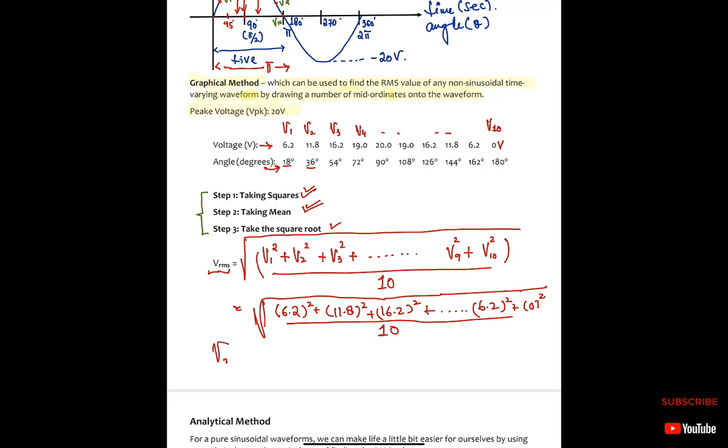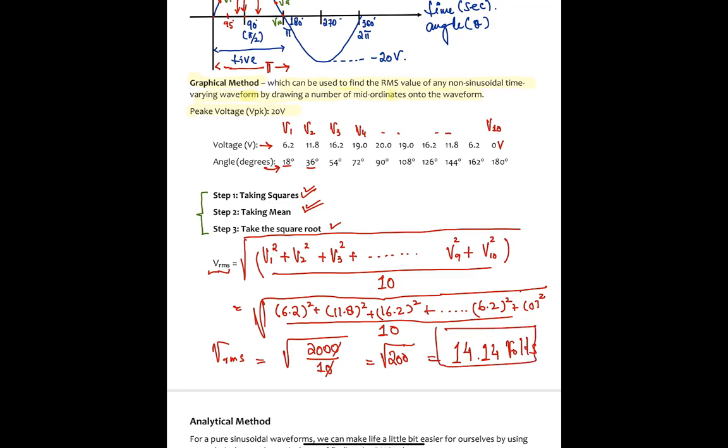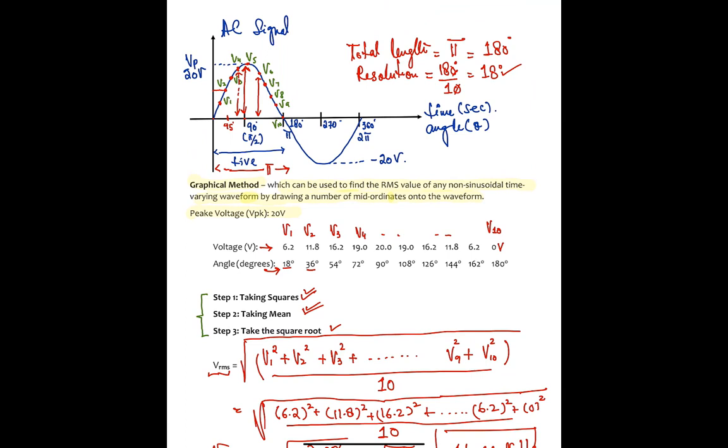If you do the math, you get 2000 over 10. This 0 will cancel out with this, and you're left with 200. If you take the square root of that, you get 14.14 volts.